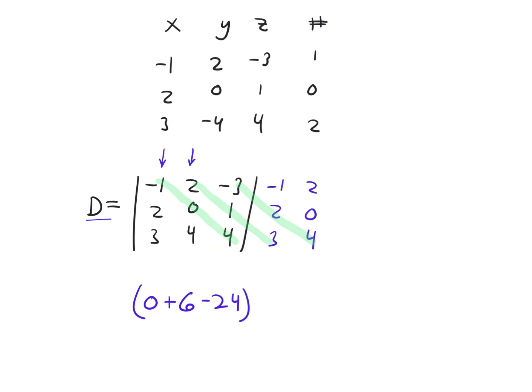All right, and then we're going to do that minus the other diagonals, the minor ones. So we're going to go in this direction now. 3 times 0 times -3 is 0. Plus 4 times 1 times -1 is -4. Plus 4 times 2 times 2 should get you 16.